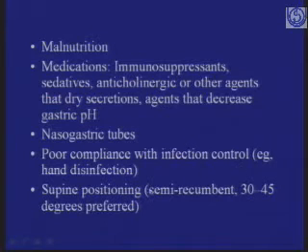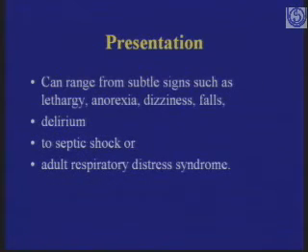Poor compliance with infection control is especially true in nursing homes or care facilities for elderly, where from one elderly patient to the other, if standard precautions are not followed, a pneumonia may develop. And if the patient is kept supine for a long period of time, these patients may develop a pneumonia.